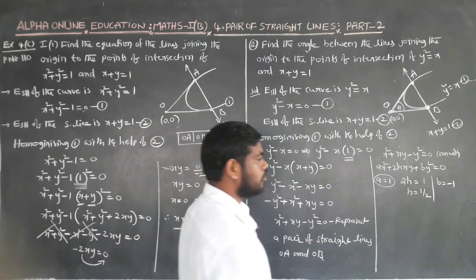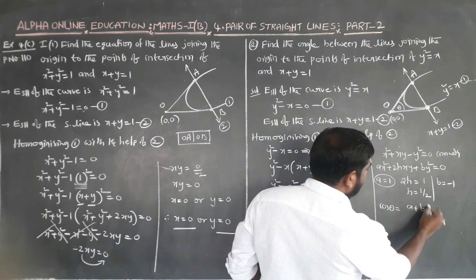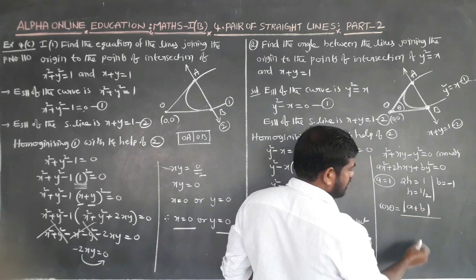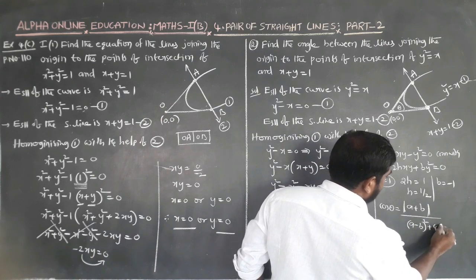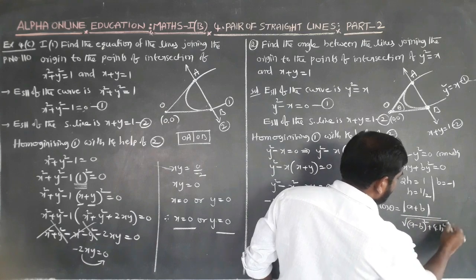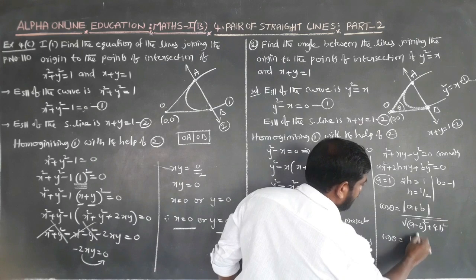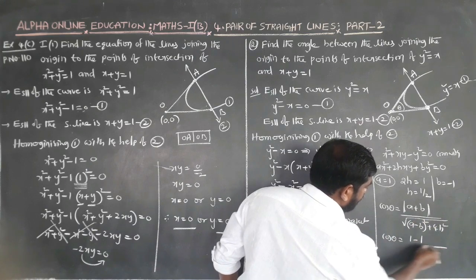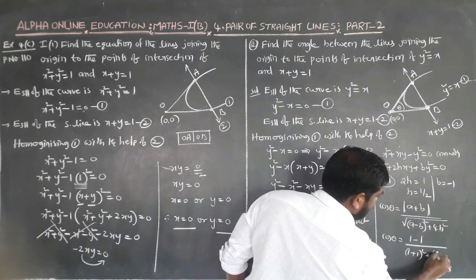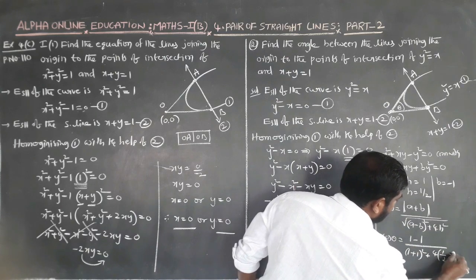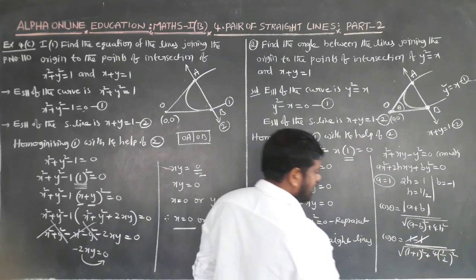If theta is the angle between the two lines, then cos theta is equal to mod of a plus b by under root of (a minus b) whole square plus 4h square. Cos theta equal to mod of 1 plus minus 1, whole divided by under root of (1 minus minus 1) whole square plus 4 into h square, (1 by 2) whole square. 1 minus 1 gets cancelled.